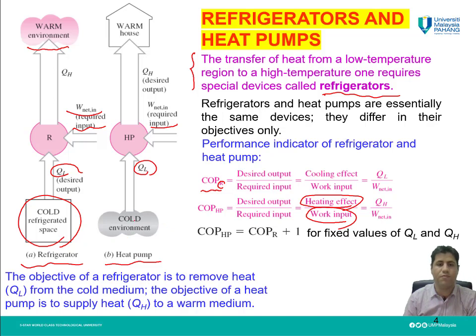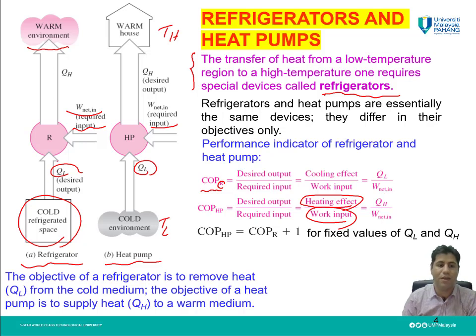Imagine the temperatures here are TL and TH, almost the same, and the same amount of QL is absorbed from the cold environment, and QH amount of thermal energy is delivered to the warm environment for the refrigerator, or to the warm house in the case of the heat pump. Then COP for the refrigerator will be equal to QL divided by W net in.